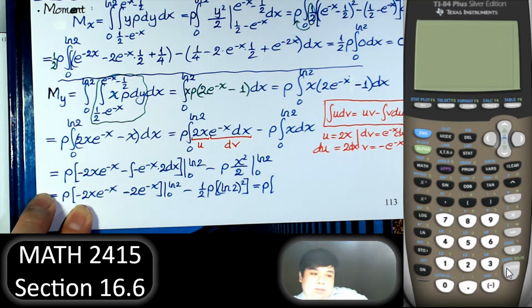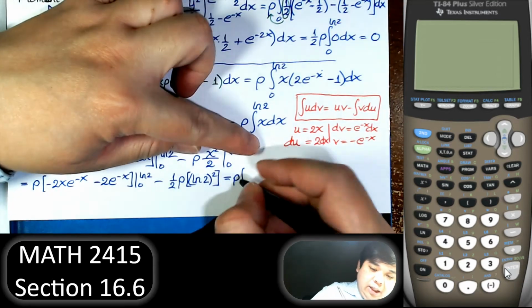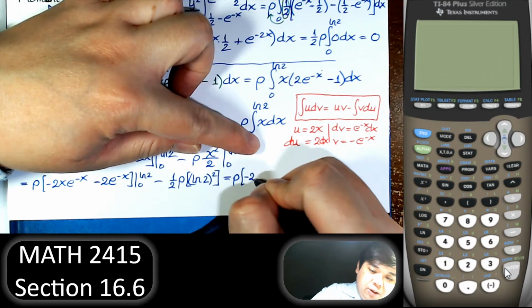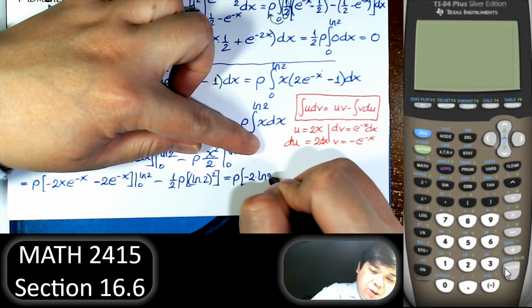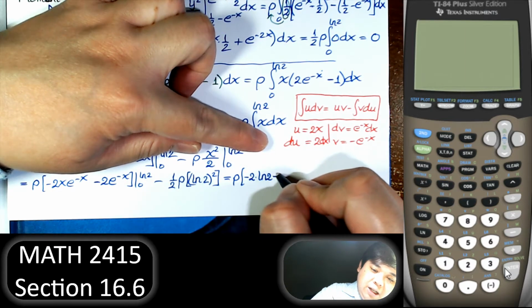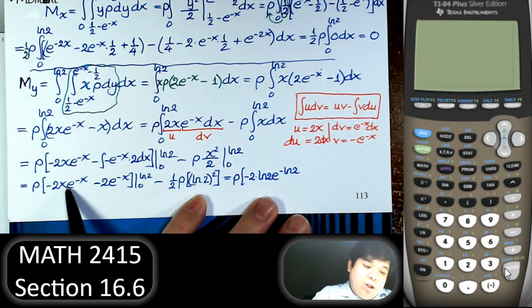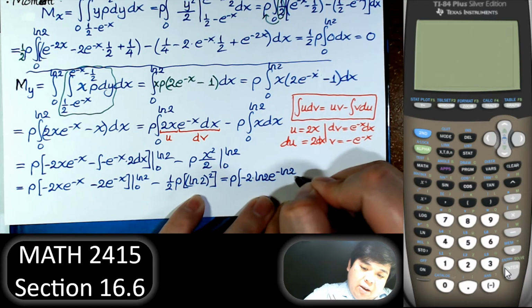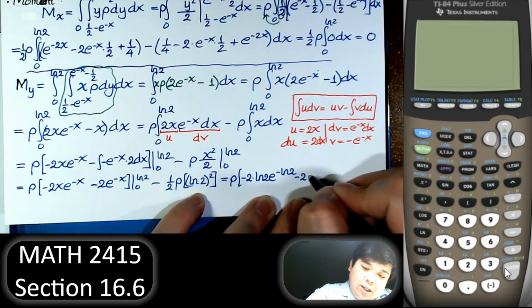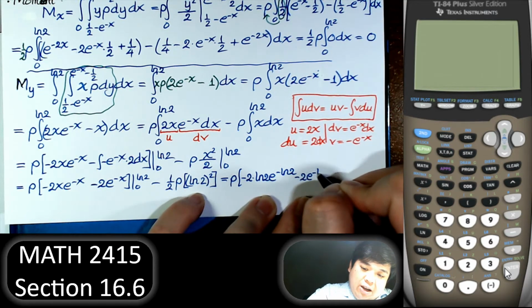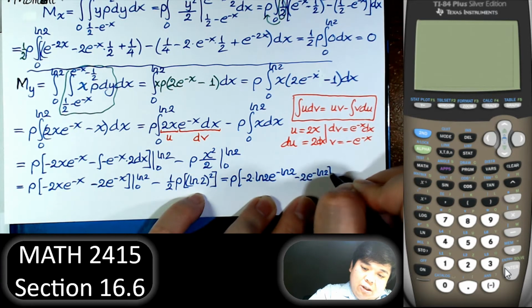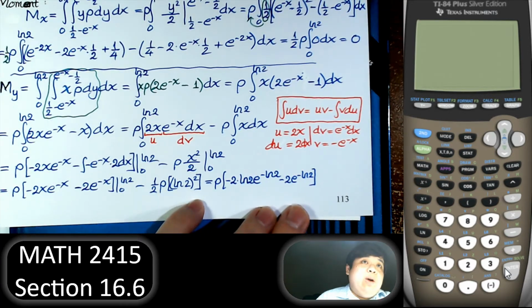We have negative 2 ln of 2 e to negative ln of 2. That's where we put ln of 2 in it. Minus 2 e to negative ln of 2. So that's where we put ln of 2 in it.